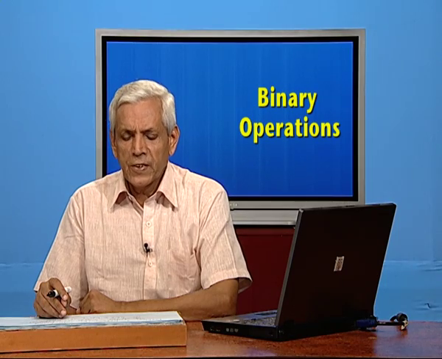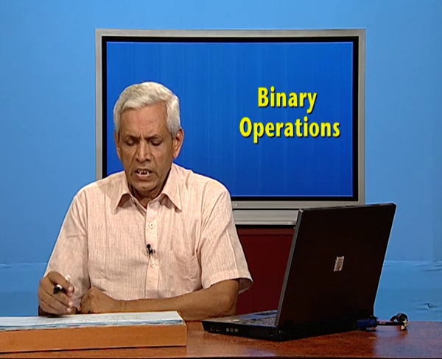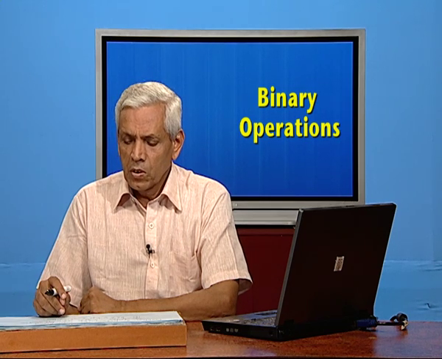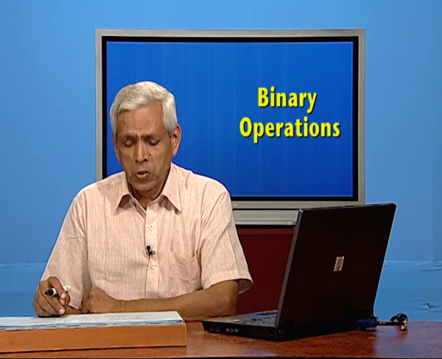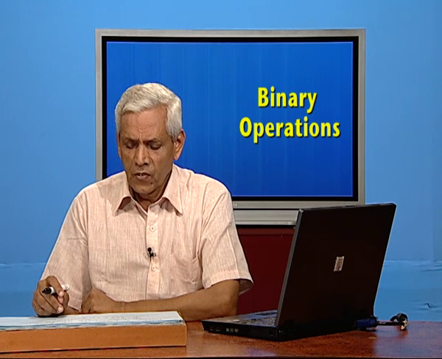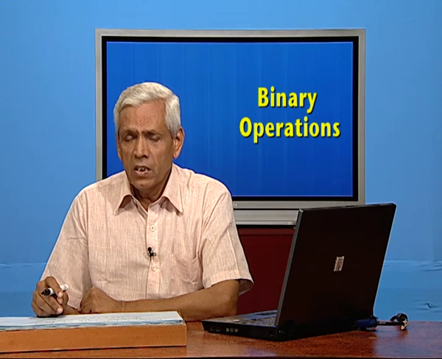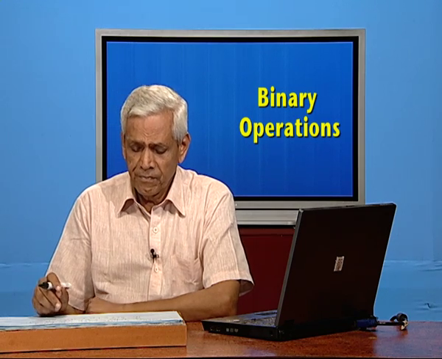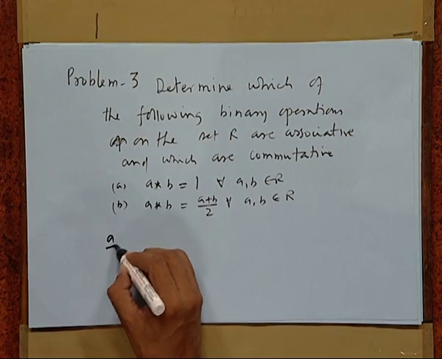As such, it is not a function from A cross A to A itself. Our next question is to determine among the given operations which are commutative or associative. We are given 2 operations. First is A star B is 1 for all A, B belonging to R. Let us take the first case.